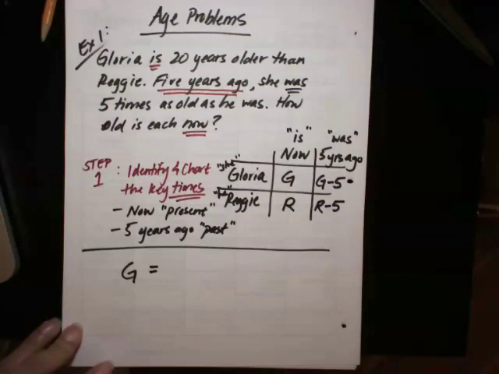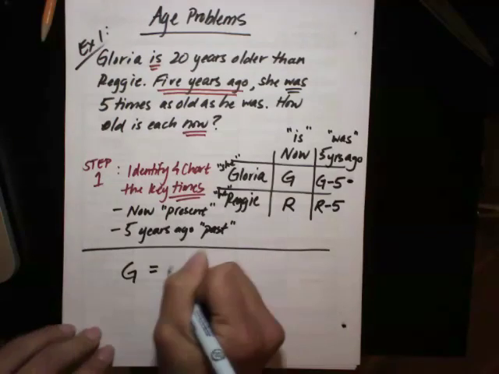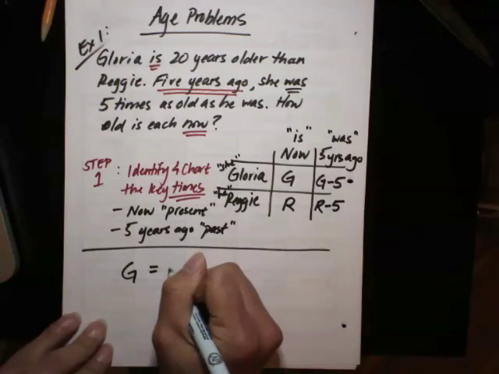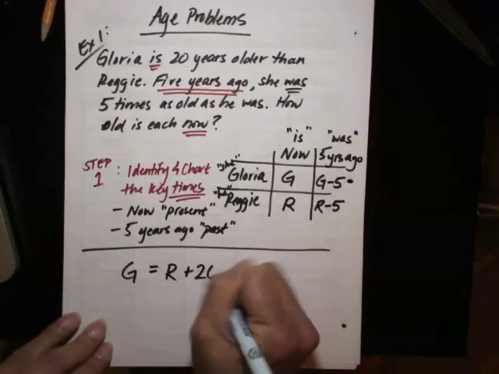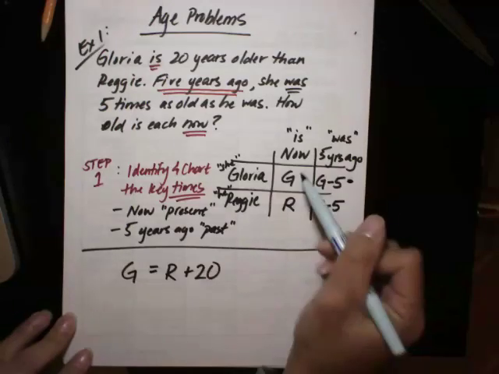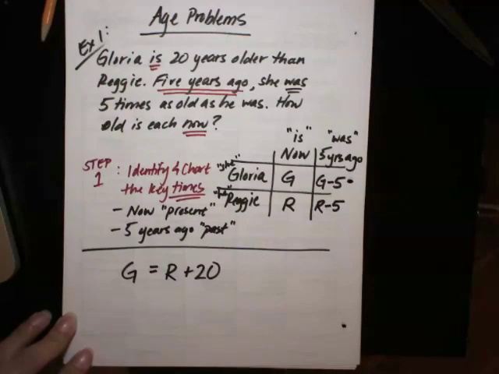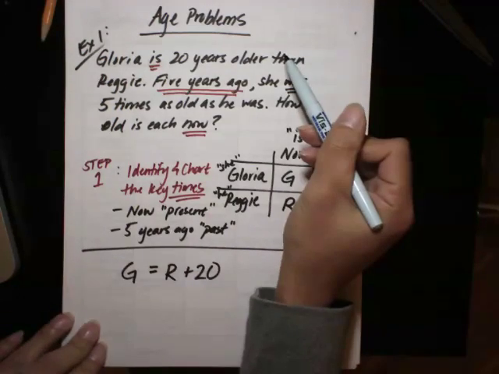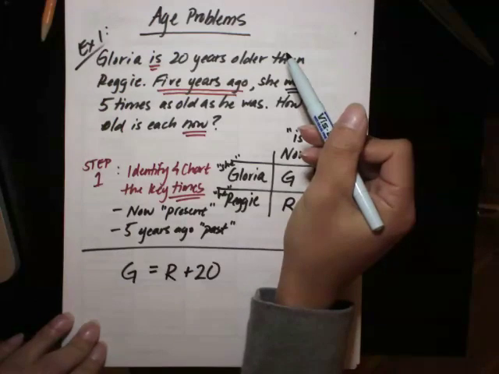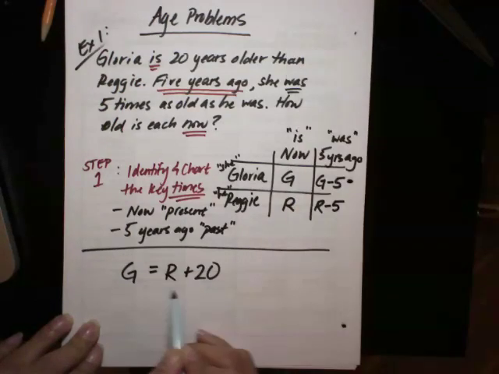If I'm 20 years older than you, I would take whatever your age is, and I would add 20. So Gloria is going to take Reggie's age and add 20 to it. So for the first sentence, Gloria is 20 years older than Reggie: G equals R plus 20.